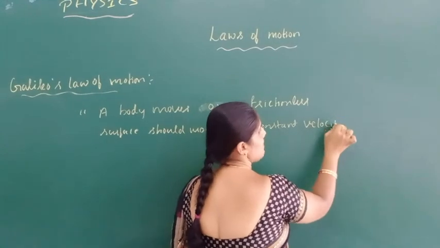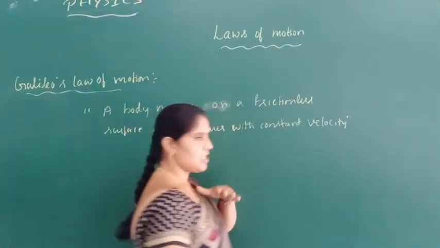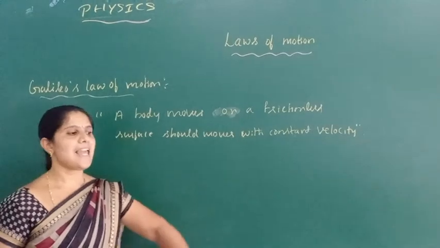Constant means with the same velocity. The body that moves on a frictionless surface should move with the same velocity.